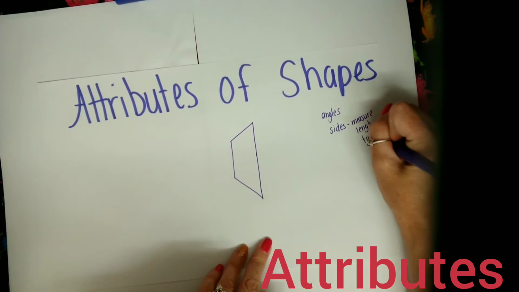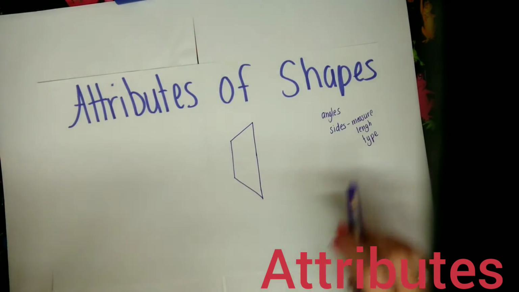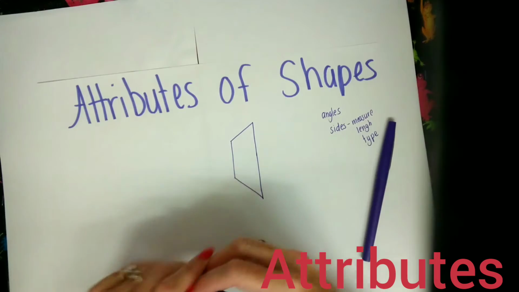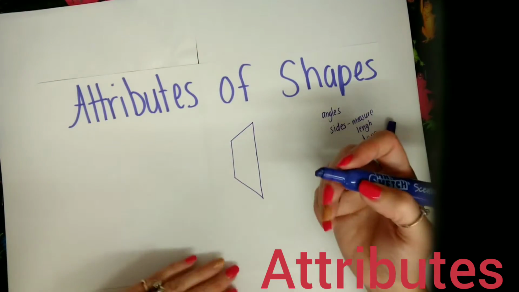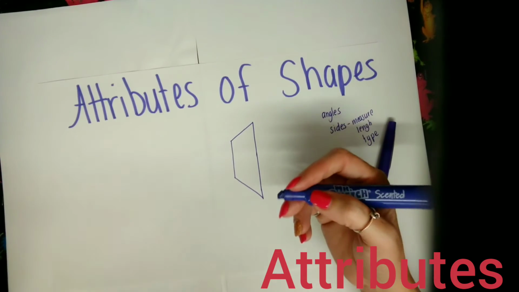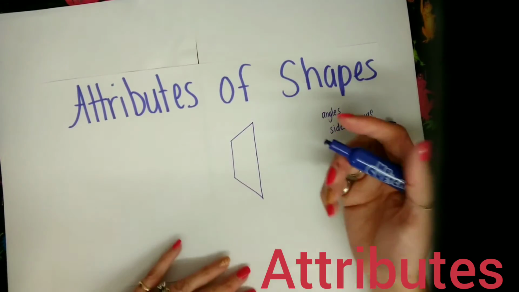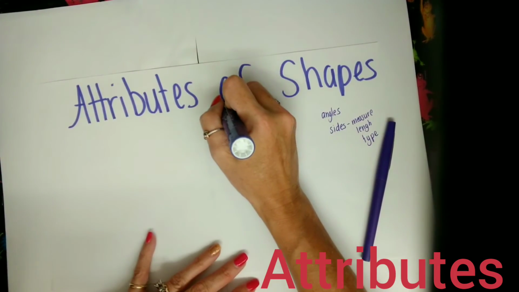So if they're parallel, perpendicular, or intersecting. So we want to determine whether this has any parallel sides. The trick that I told the students is to extend the length of the legs to see if they're ever going to cross. So I'm going to take this first one here.